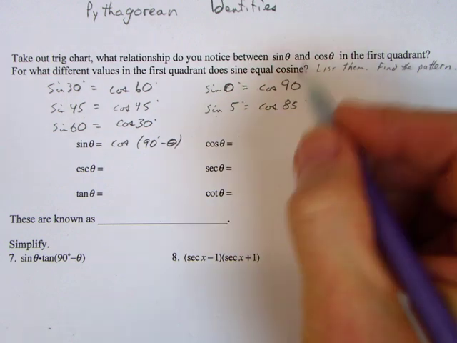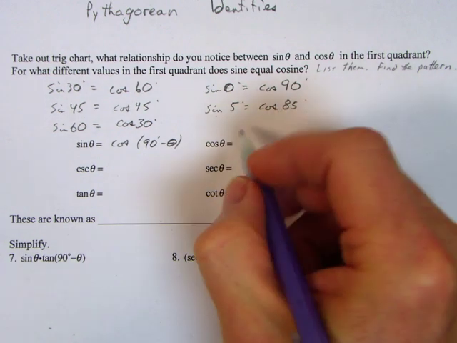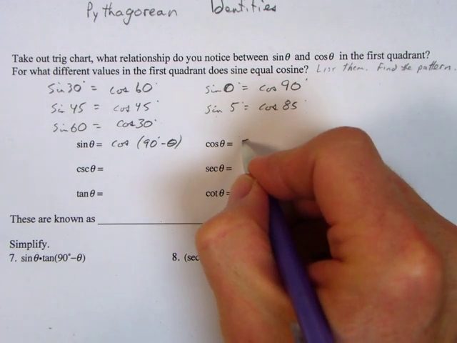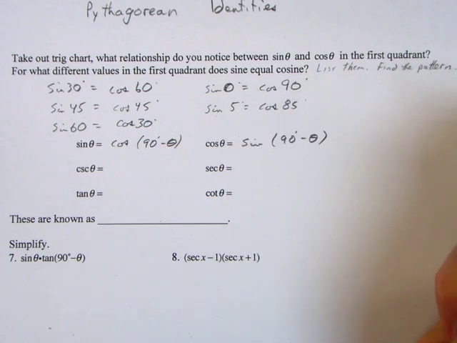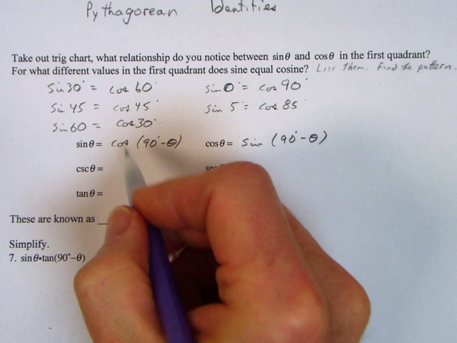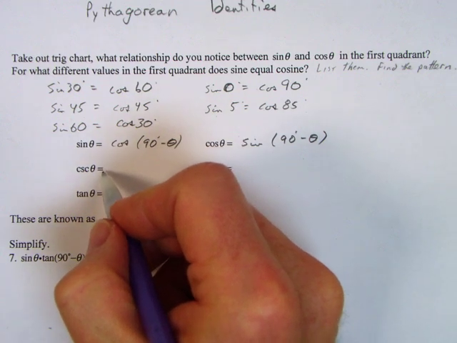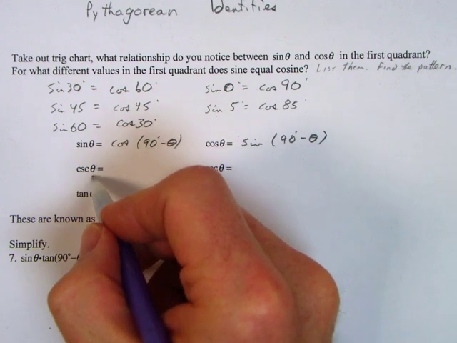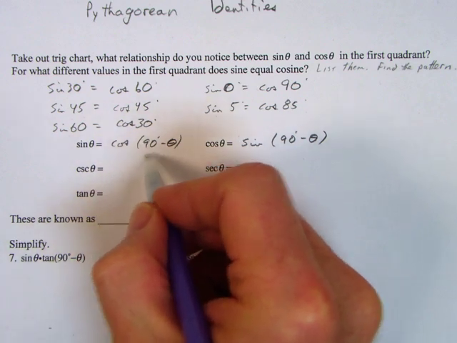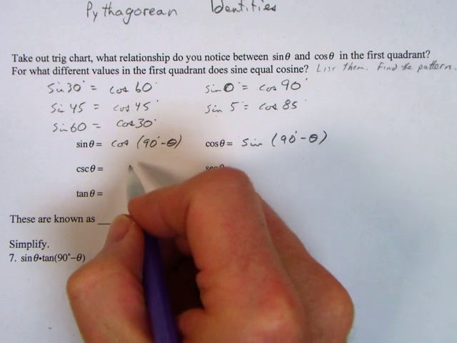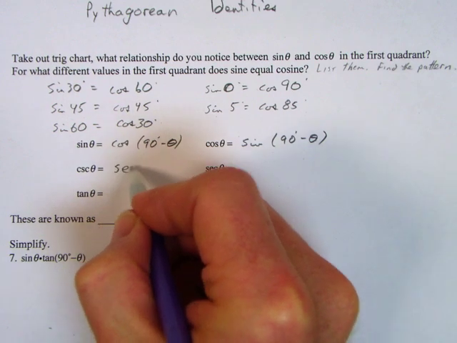Similarly, though, you could do the same thing for the cosine. The cosine equals the sine of 90 minus theta. And we could treat these the exact same way in terms of 1 over sine would equal 1 over the cosine of 90 minus theta, and 1 over cosine is secant of 90 minus theta.